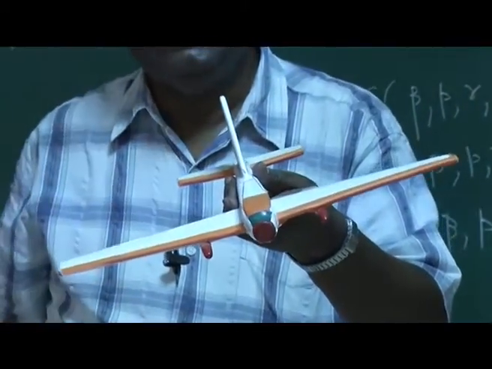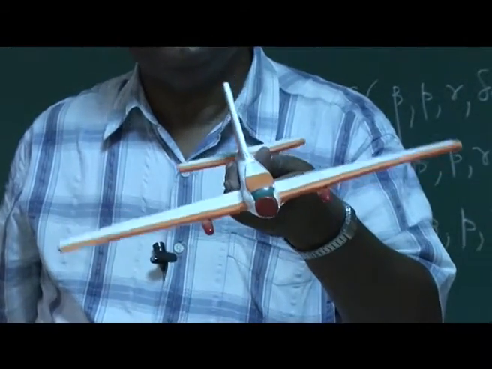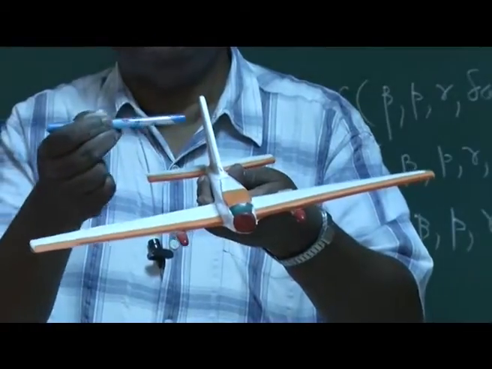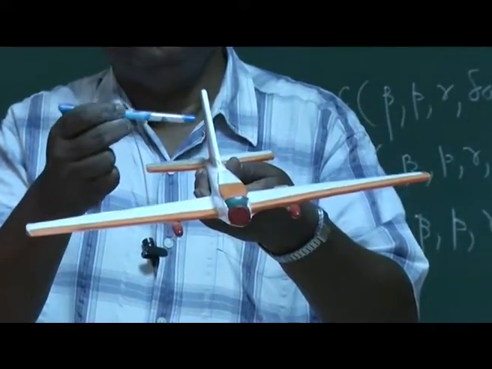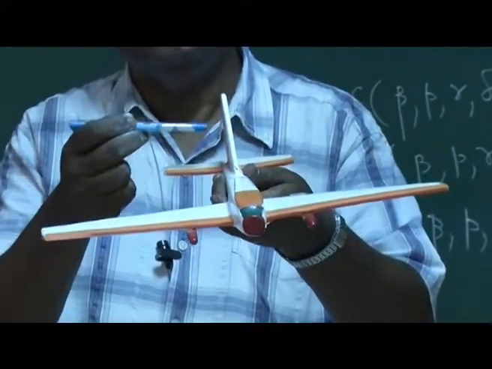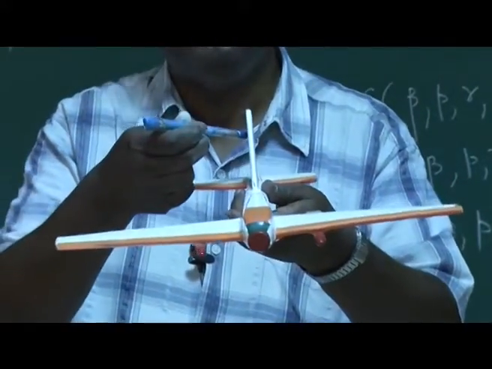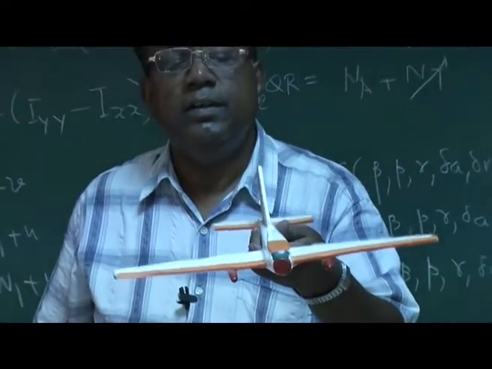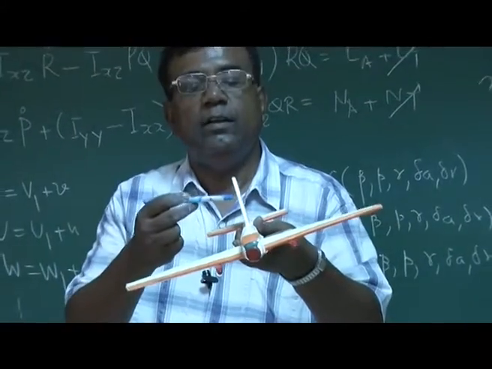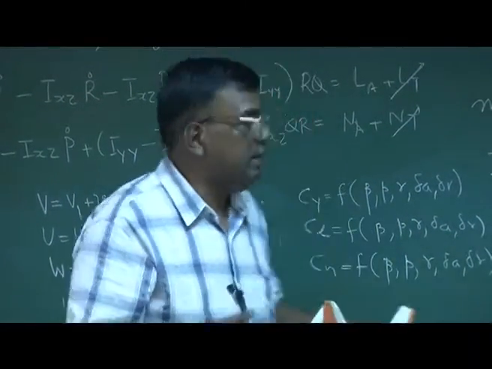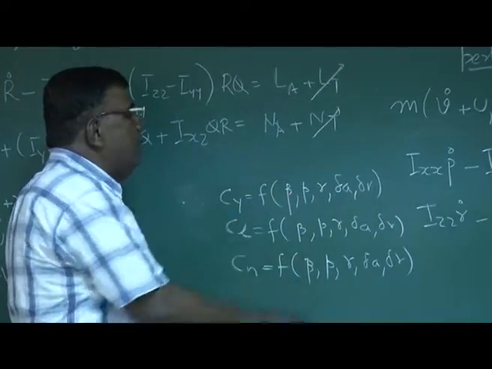A second thing you should also understand, as it is rolling with P, there is a relative airspeed this vertical tail will see, that will be P into this distance at whatever point I am saying, and it is moving forward, so it will actually give a beta. So you could see from simple common sense that if it is rolling like this, the vertical tail will be pushing the air this way, so it will also experience a force in the negative y direction. So we agree it is a function of P also.